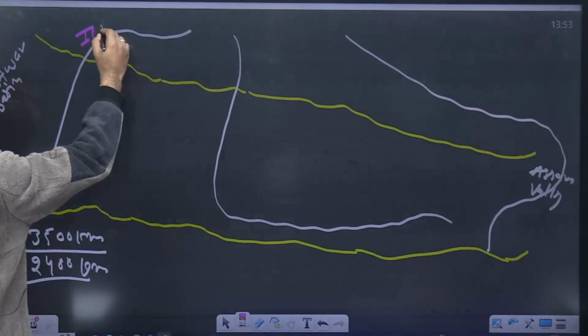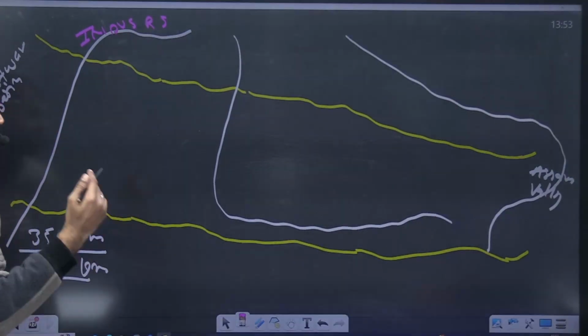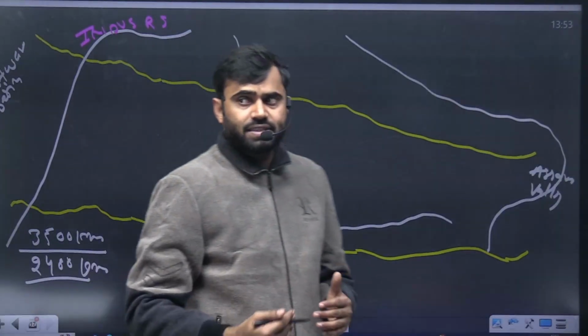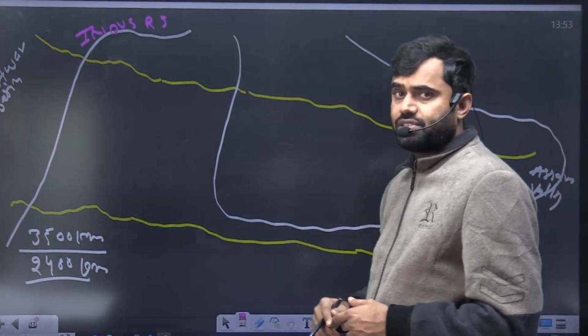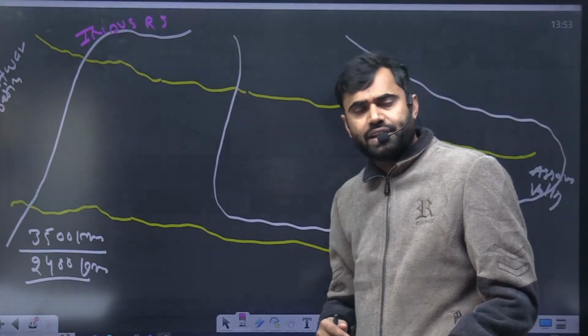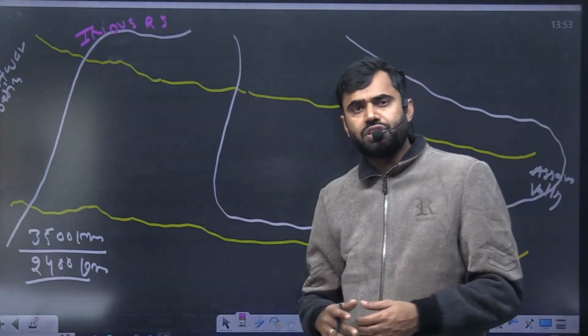When we talk about the Indus river system, it has a number of rivers like Jhelum, Chenab, Ravi, Vyas, Satluj. On the other hand, the Ganga river system has a number of tributaries like Ram Ganga, Gomti, Ghagra, Gandak, Kosi, Mahananda.